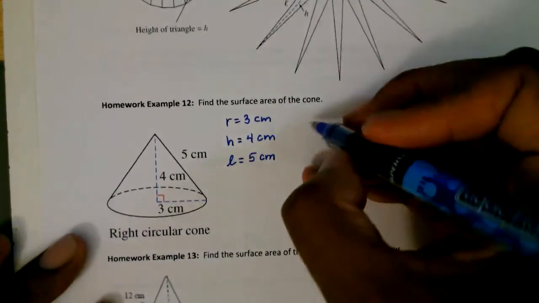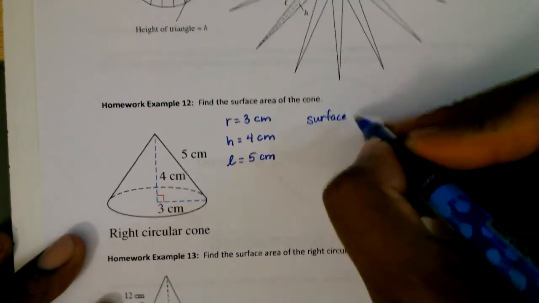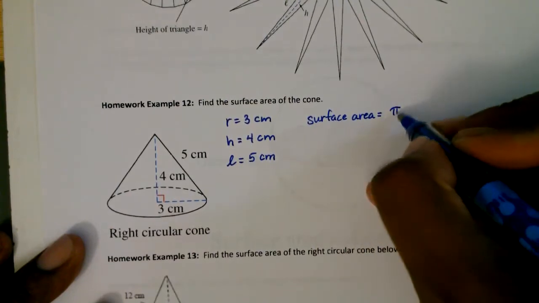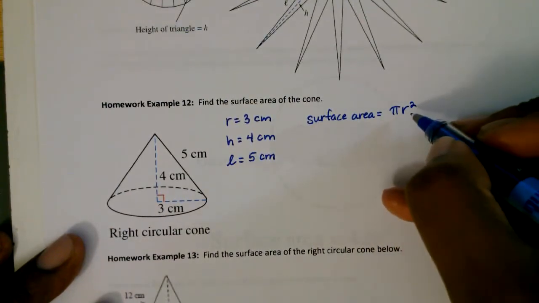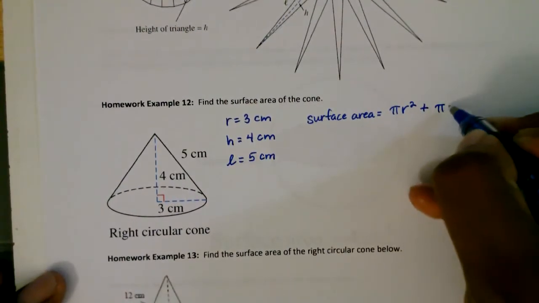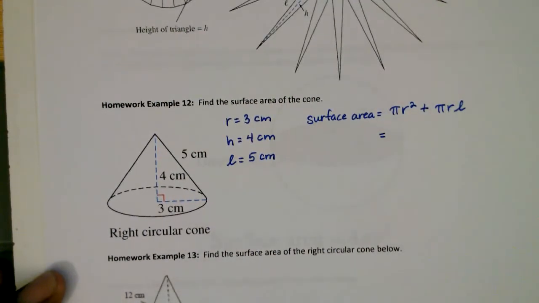So now to find the surface area, that's going to be pi r squared plus pi times r times the slant height. And our answer is going to be in terms of pi.